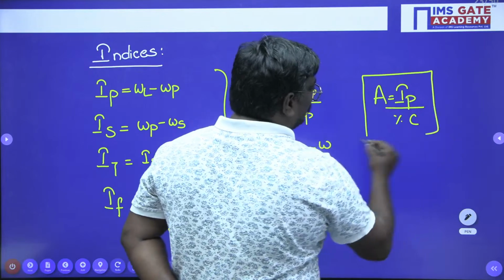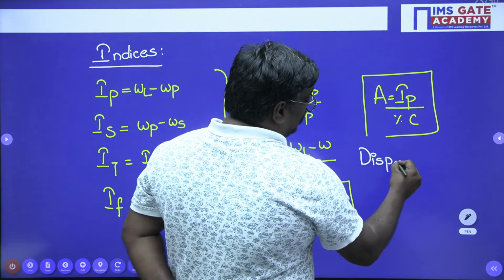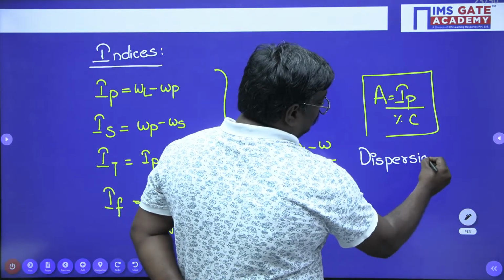Okay, and one more thing, students, they can ask you one theory question from index properties also, that is the dispersion solution.